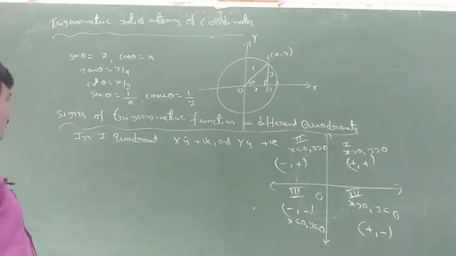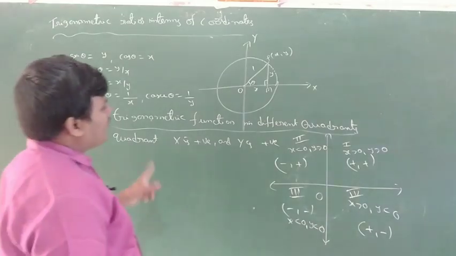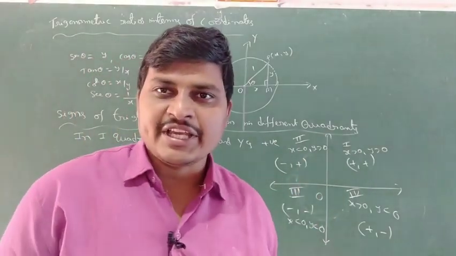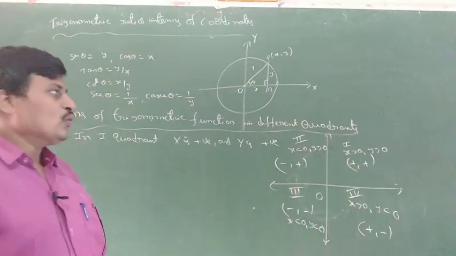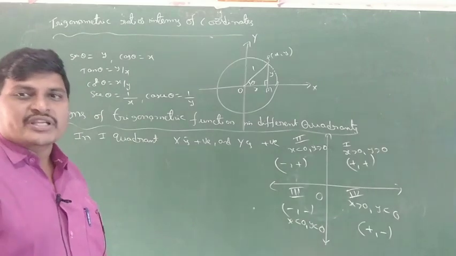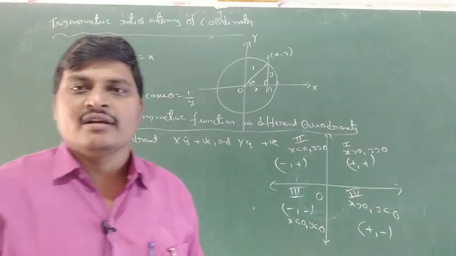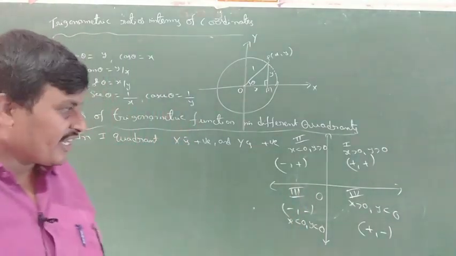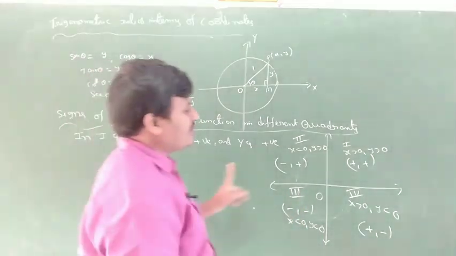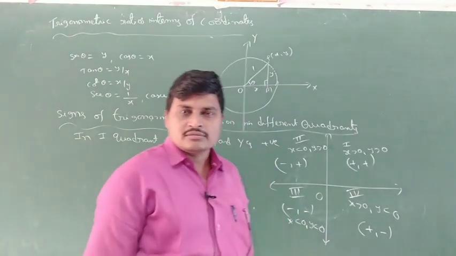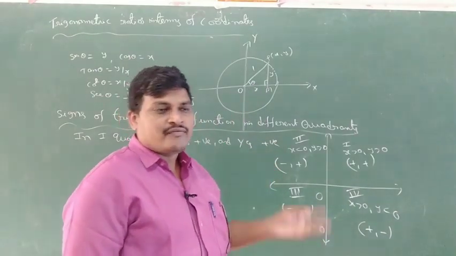Next topic is signs of trigonometric functions in different quadrants. Sine, cos, tan, cot, secant, cosecant, these 6 functions are called trigonometric functions or trigonometric ratios. In the first quadrant, are all positive or only some positive?